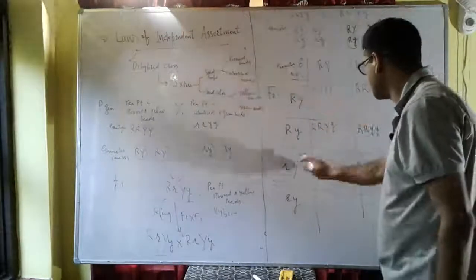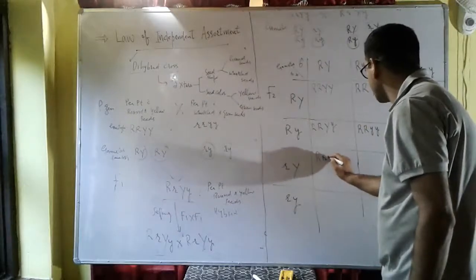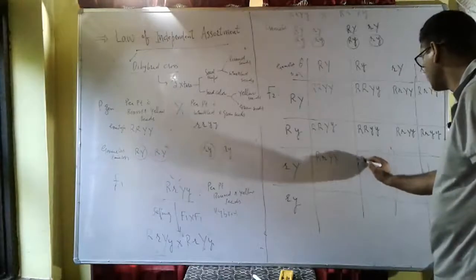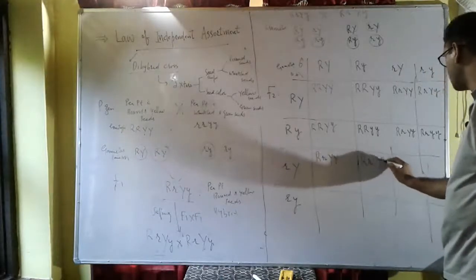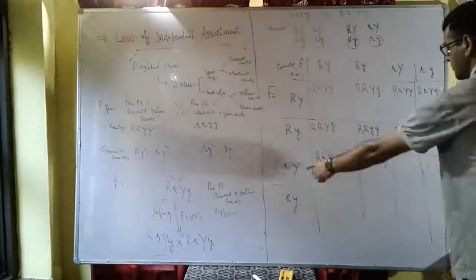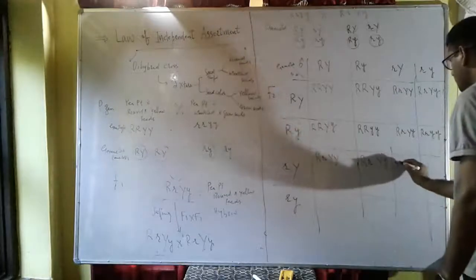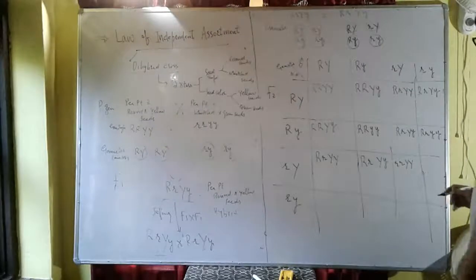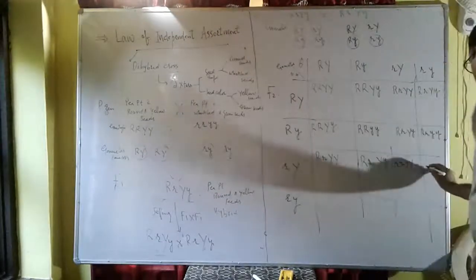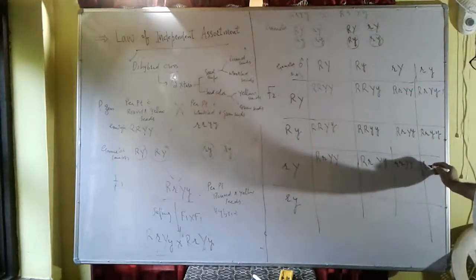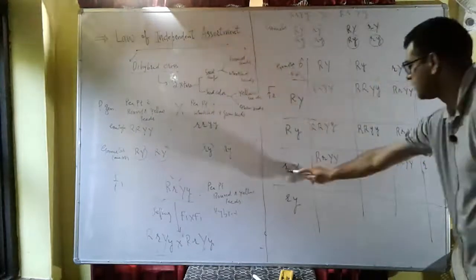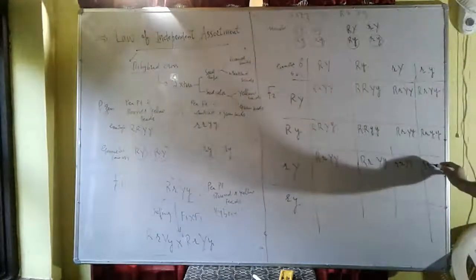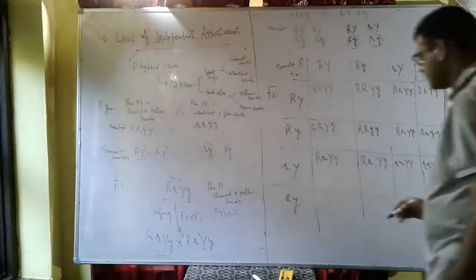This gamete will fuse with this gamete. We have capital R, small r, capital Y, capital Y. This gamete will fuse with this gamete. We have capital R, small r, capital Y, small y. This gamete will fuse with this gamete: small r, small r, capital Y, capital Y. This gamete will fuse with this gamete. We have small r, small r, capital Y, small y.